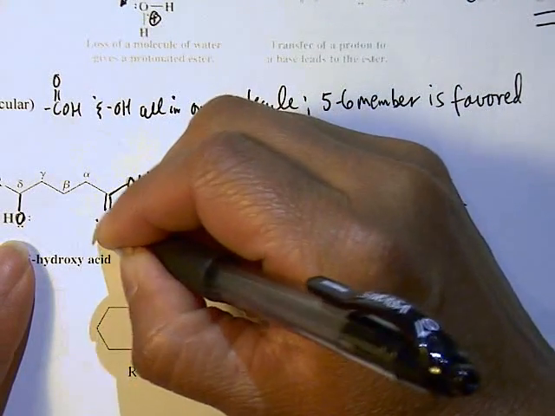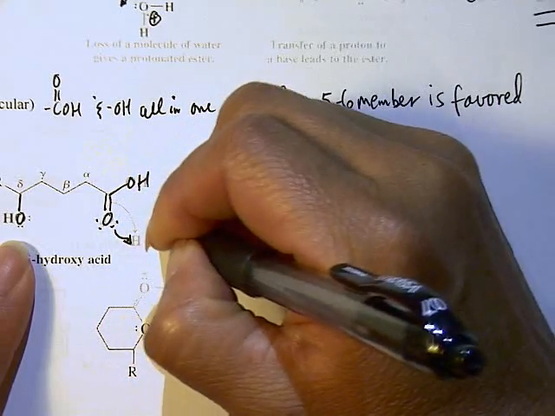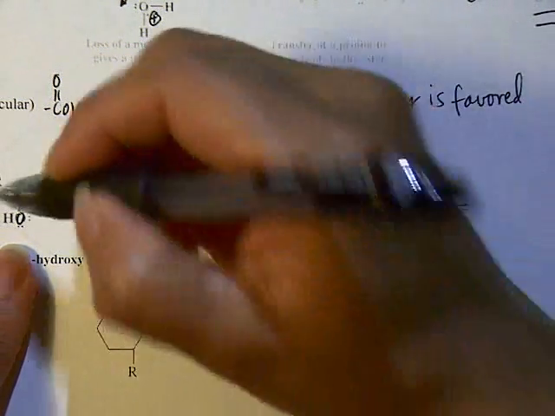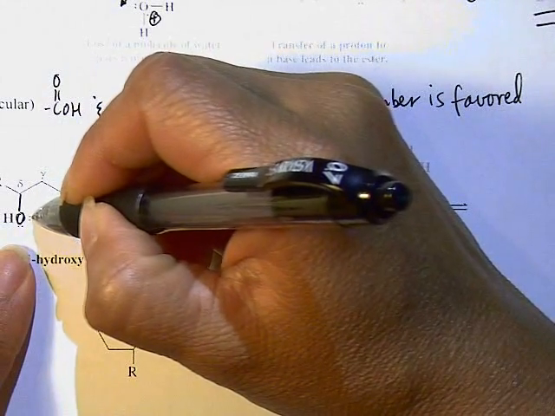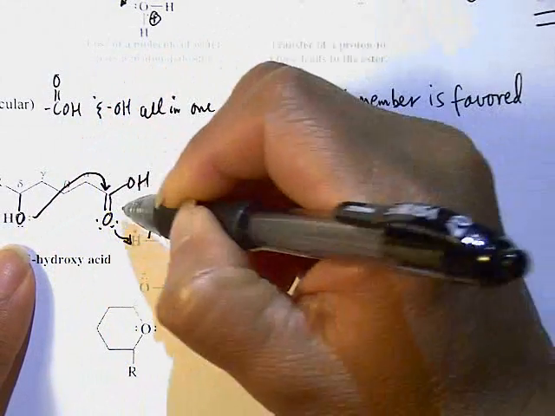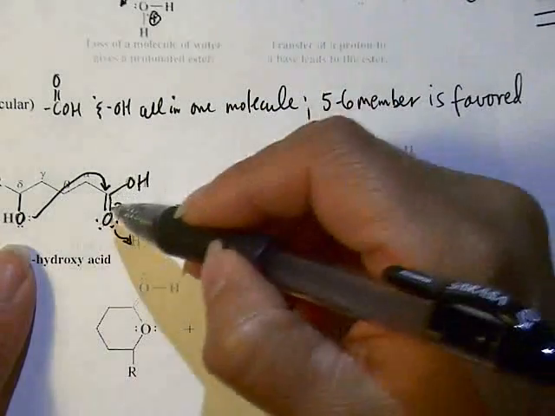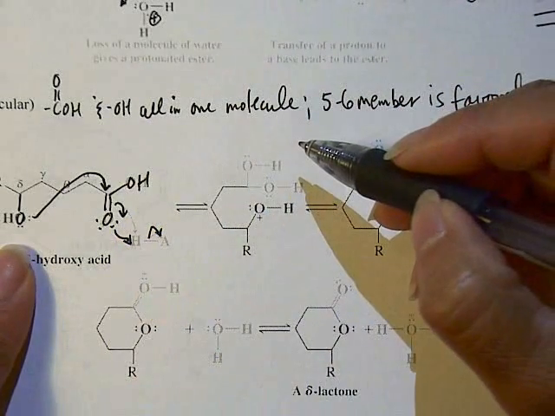So initially it's going to get protonated first and form the H plus, and then this alcohol is going to go and attack and open up the C double bond O double bond.